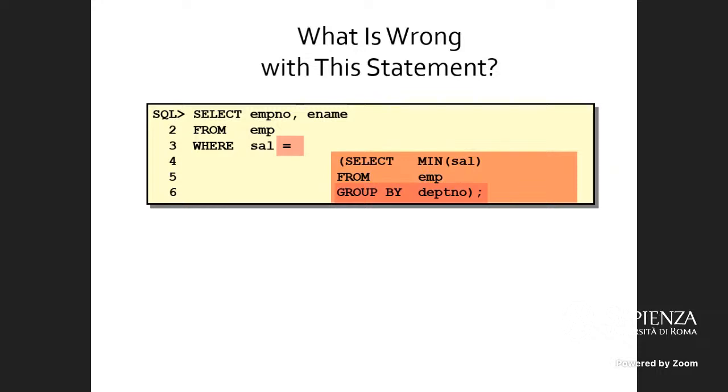When we say select minimum salary from employee group by department, what result does this give us? That is the question. What type of result does this give us? Somebody already mentioned the answer also.